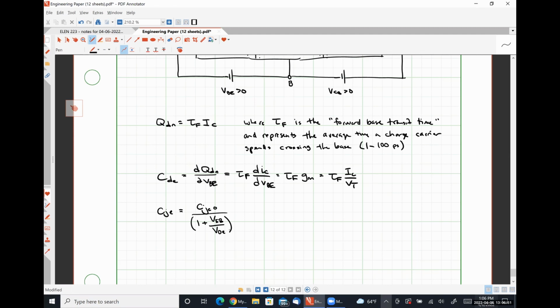This is all stuff that we've dealt with before, except that I'm now using a subscript E to clarify which of the two junctions I'm talking about.